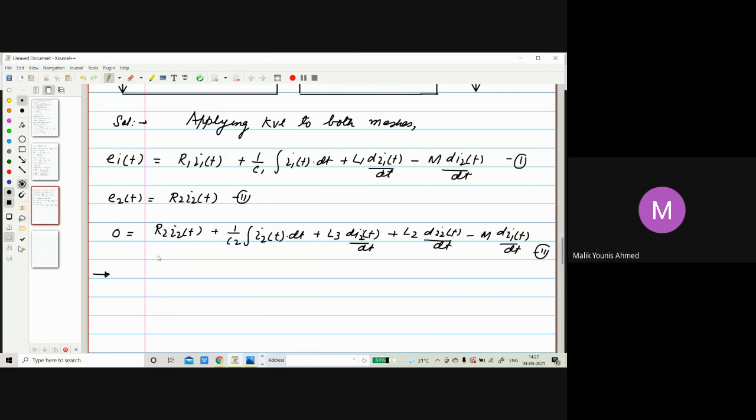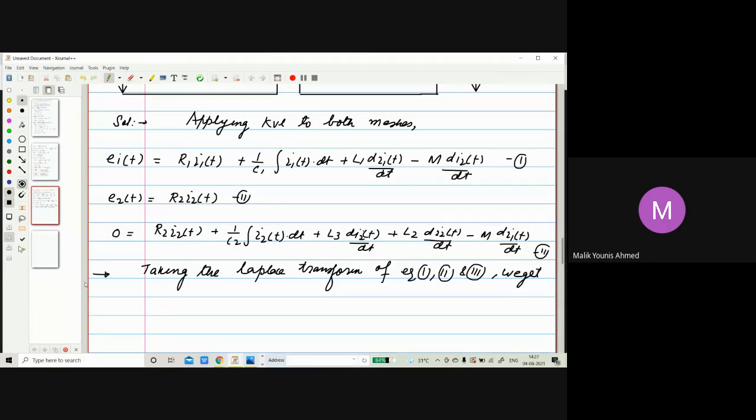So taking the Laplace transform of equations 1, 2, and 3, we get.